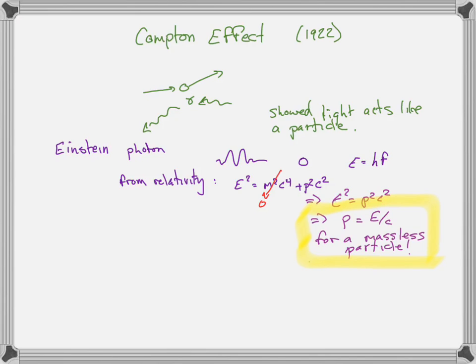Notice that also means that for a photon, E equals hf, P equals E over C, which is hf over C. And because f lambda equals C, f over C is 1 over lambda, so P is h over lambda. I feel like we saw that somewhere before, and I said we would show where it came from. Maybe we didn't. But the momentum of a photon is also just h over lambda. It's all of these things.